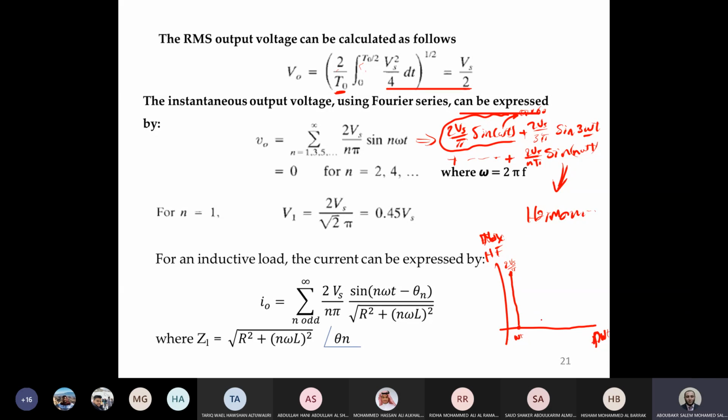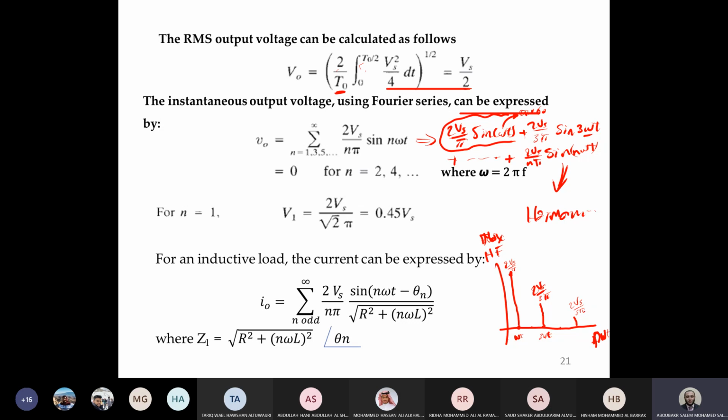For the third order, Shabab, what will be the value? 2 Vs over 3 pi. So here, this is 1, 2 equals 0. At 3, we will say here 3 omega t, and the value here is 2 Vs over 3 pi. 4 equals 0, 5 will be 2 Vs over 5 pi, and so on. Up to infinity you will have values, but the value will decrease.